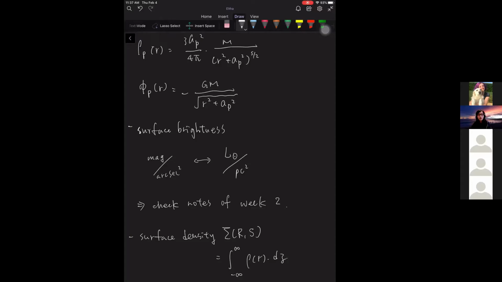I think I understand the problem, but with the equations, I can't find the solution. Maybe I'm not using the right ones. So did you fully understand the notes for week 2? I understand the parsec squared.